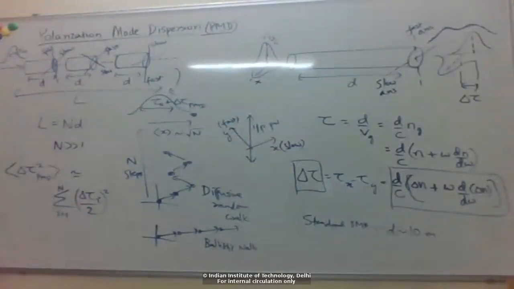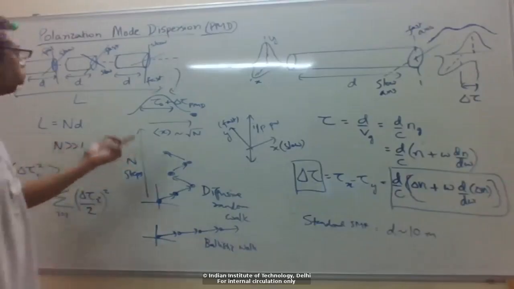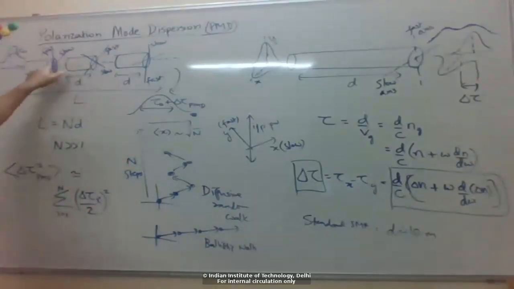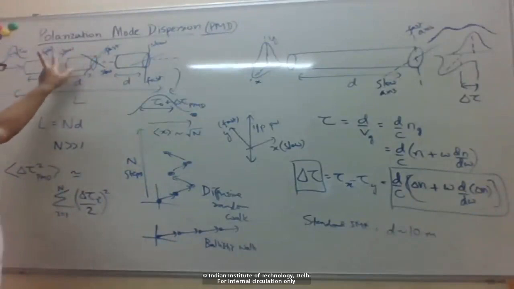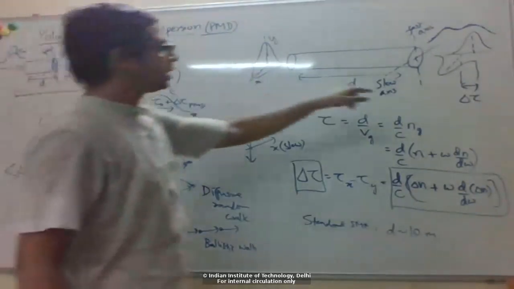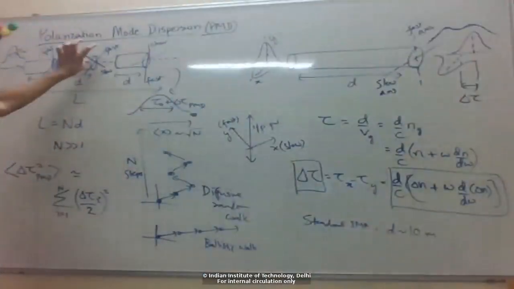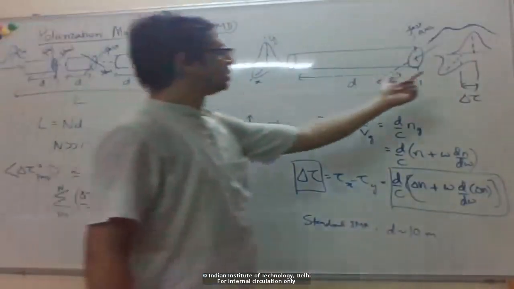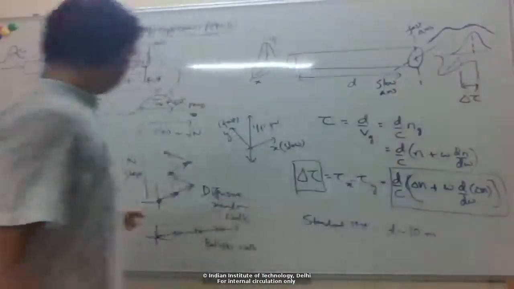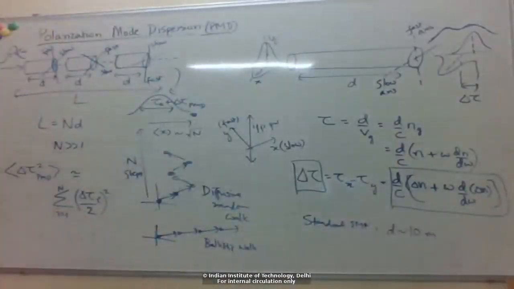And this factor of 2 takes into account that on average, the next segment will either have the axis along the same direction, so that delta t will increase, or in half the cases it will be in the other direction, where delta t will decrease. So that's why 2 is correct.